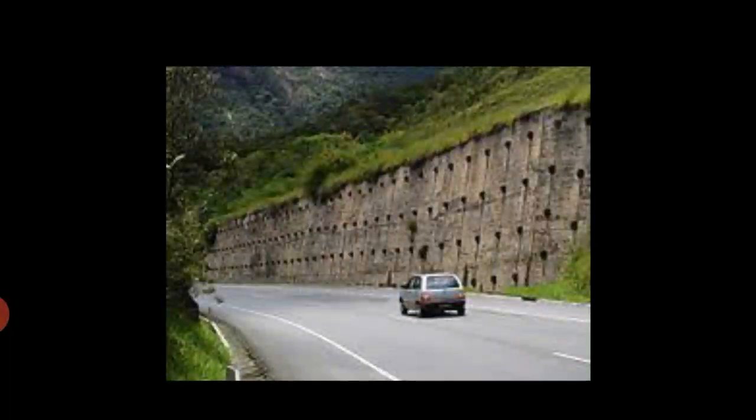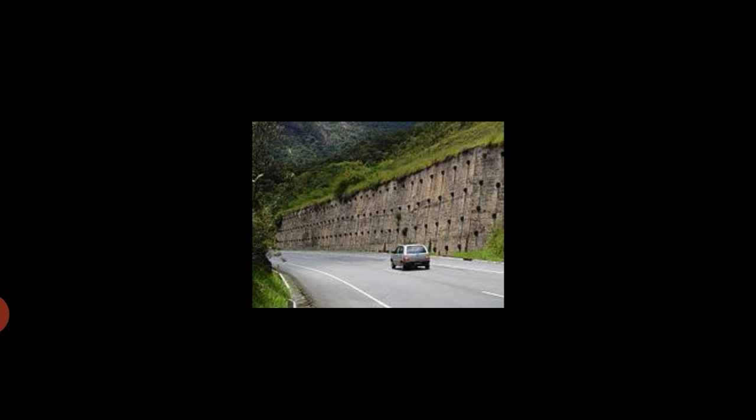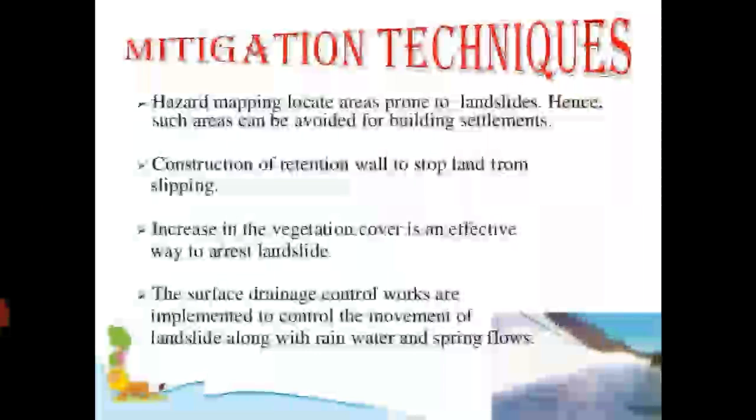You can see in the picture that the wall is made in order to protect against rocks falling. Okay, so it is one of the measures we can take in order to prevent landslides.